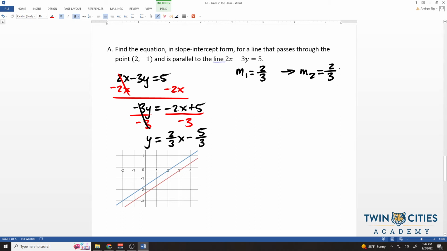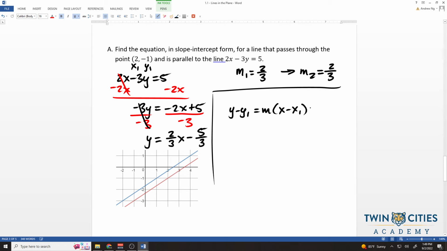And now that I've got this slope and a point for that other line, here this is x1, y1, I can use point slope form to find the equation for the second line. y minus y1 is equal to m times x minus x1.